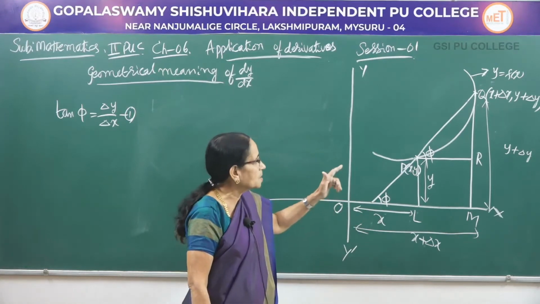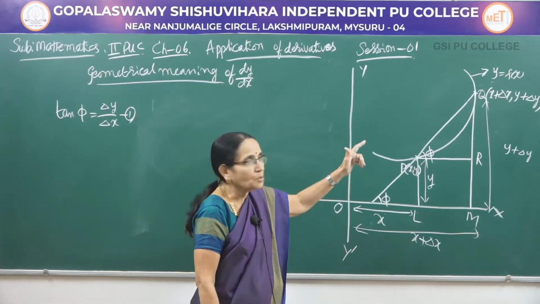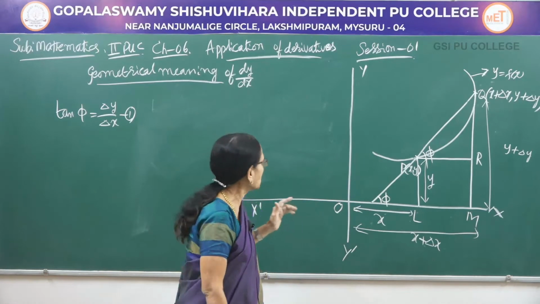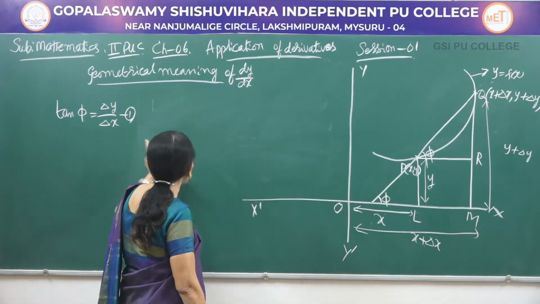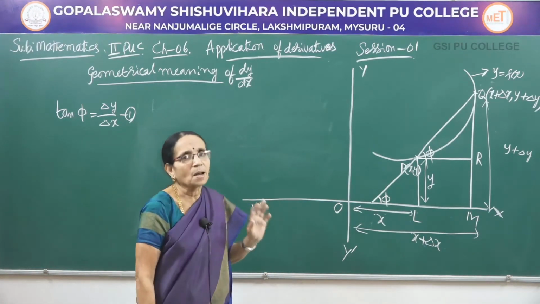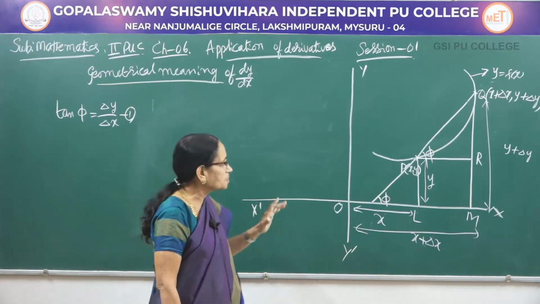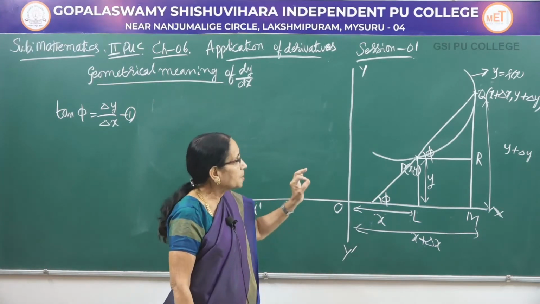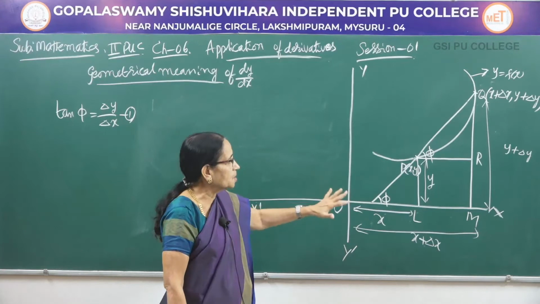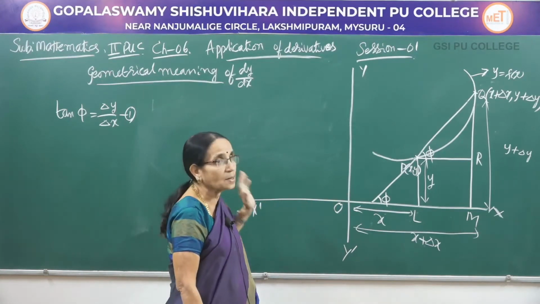Now, considering the tan ratio in that particular triangle PQR, I got this result, tan phi equals delta y by delta x. Now, what next step is, this is according to the figure I have done the calculation.